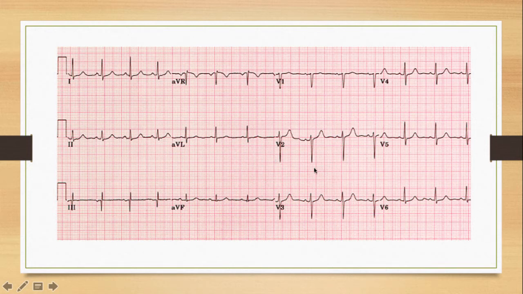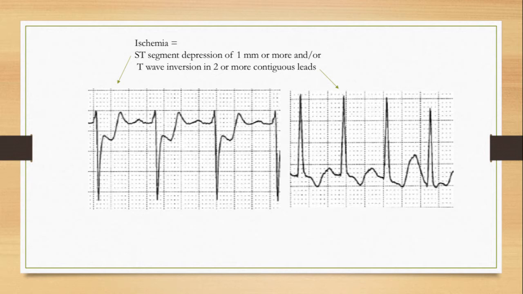Whenever there is any ST-T change or Q wave, wherever it is present in the EKG, then you say, okay, that part of the myocardium is injured. So looking for the ST segment depression and T wave inversion, we look at the contiguous leads. It has to be at least 2 contiguous leads, and if the ST segment is depressed below the baseline more than 1 small box deep, then we say it is ischemia.